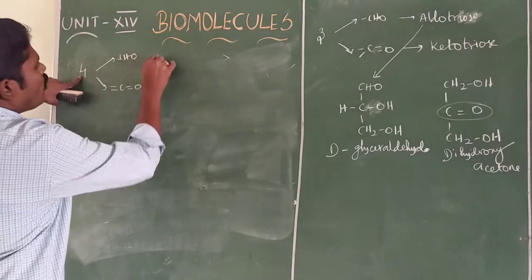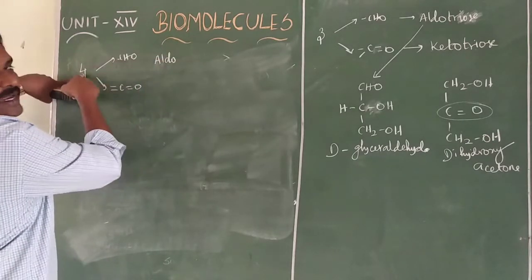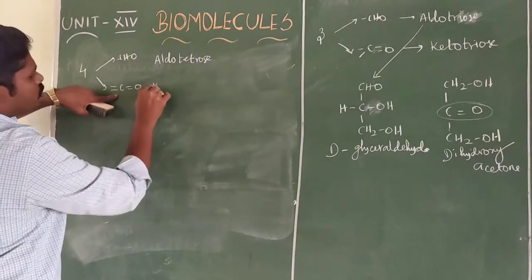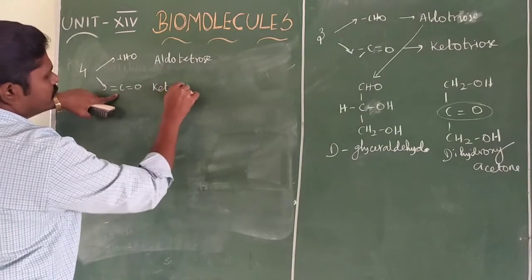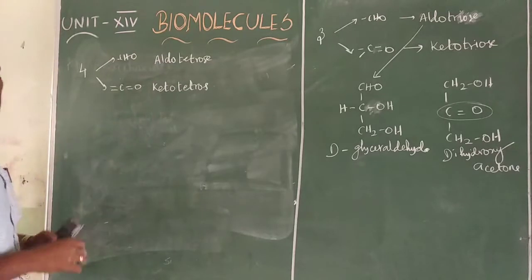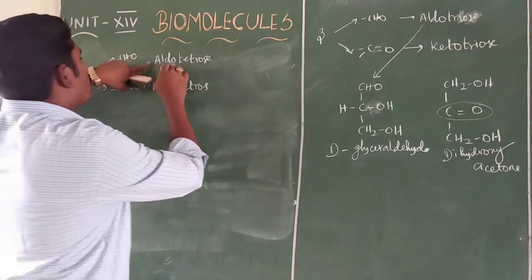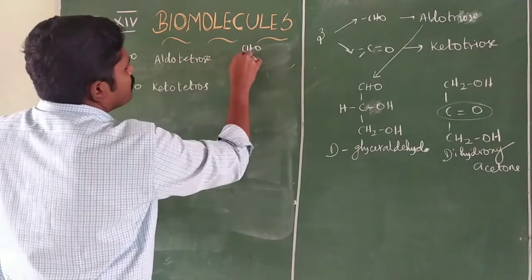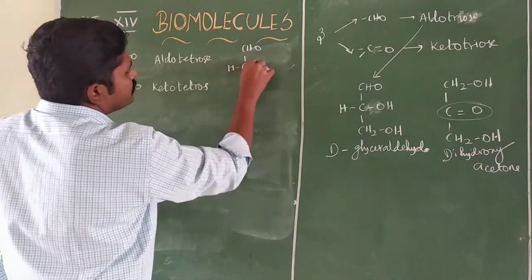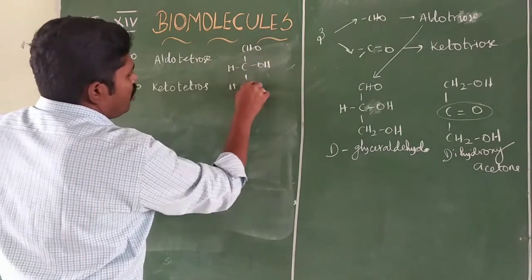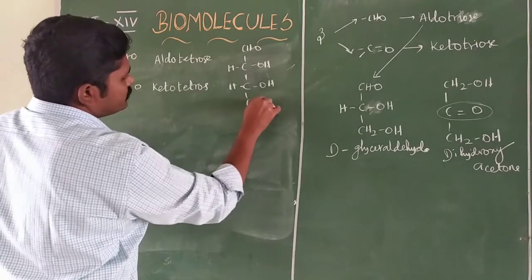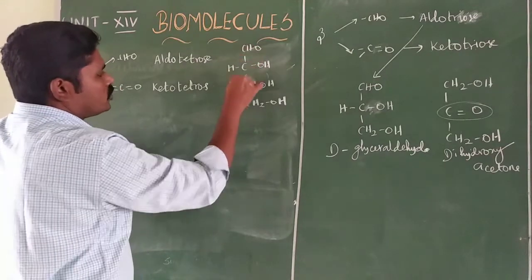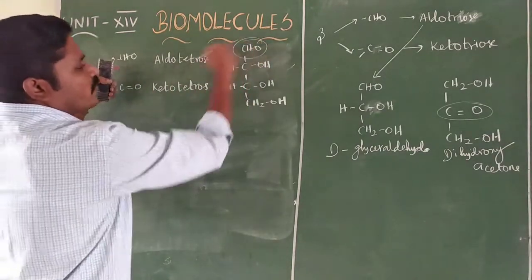So aldotetrose and ketotetrose. An example of aldotetrose is erythrose: 1, 2, 3, 4, 4 carbon atoms, and the functional group is an aldehyde.